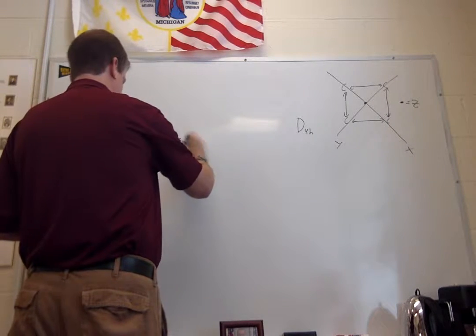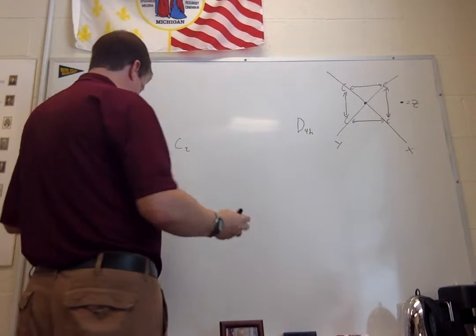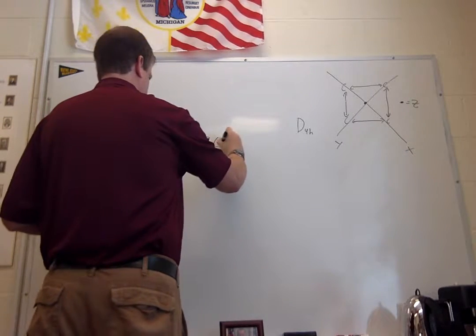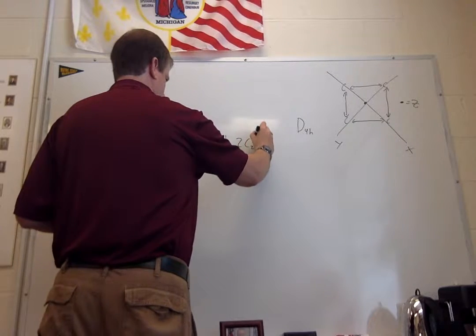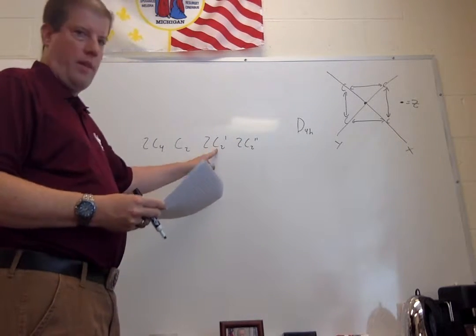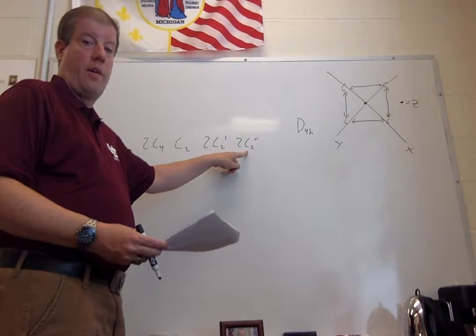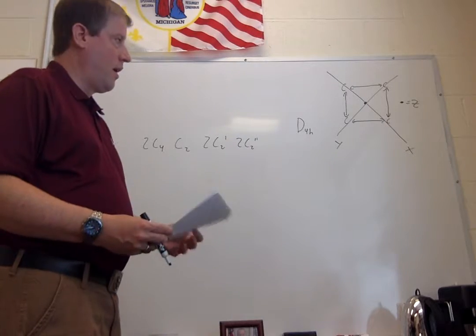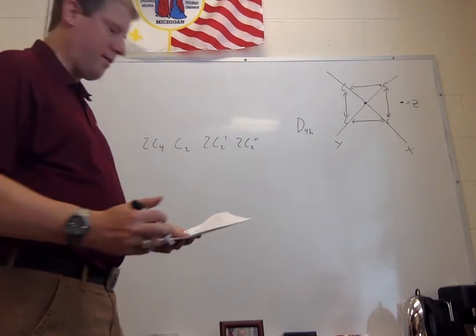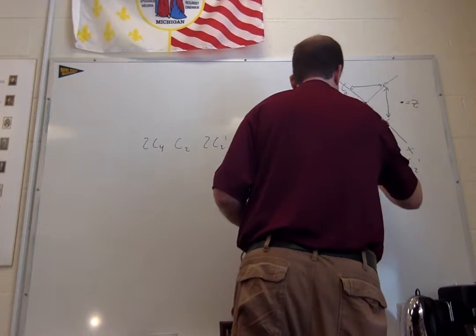Well, there's this C2, so we got two C4s. One of those is the counterclockwise, one's the clockwise. We have two C2 primes and two C2 double primes. Okay? These are going to be the ones that will contain atoms in the molecule. These are going to be the ones that don't. And so as a result, the X and Y axes are our C2 primes.